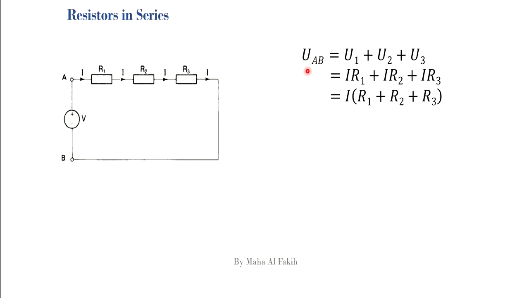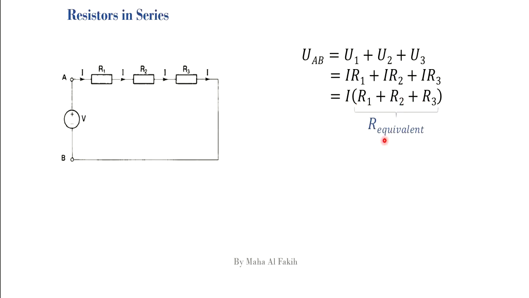Looking into this equation, UAB, which is also equal to V, is equal to I into R1 plus R2 plus R3. Then, the resistor that will have the same current I under the same voltage UAB should have a resistance of value R1 plus R2 plus R3.